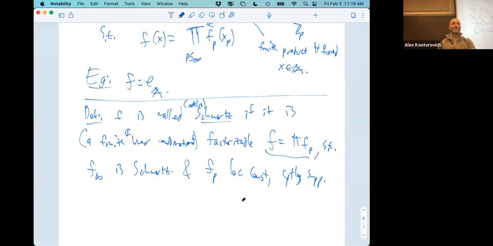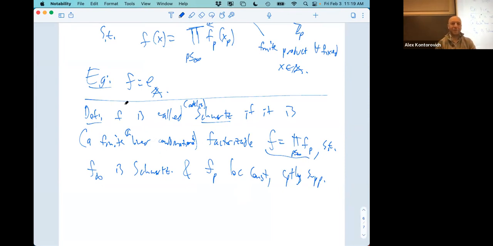The linear combination will not be factorizable. All I'm saying is I want to allow finite sums of things that look like this. Finite sums of factorizable functions. That's right. You just write a generic one.